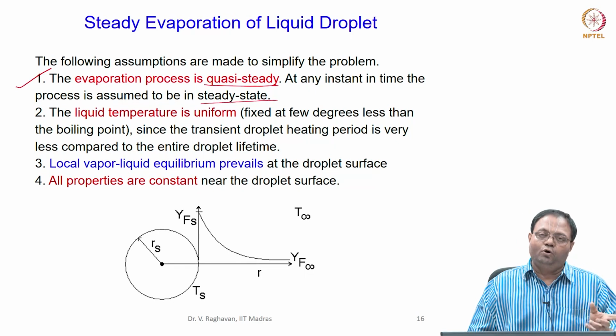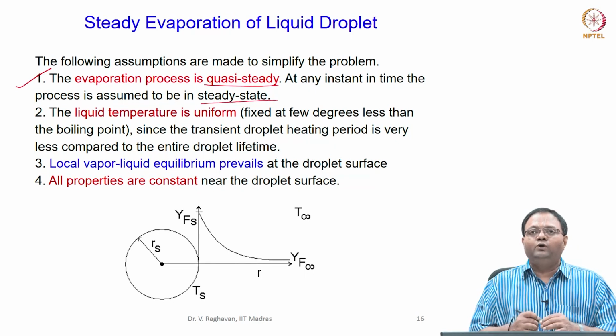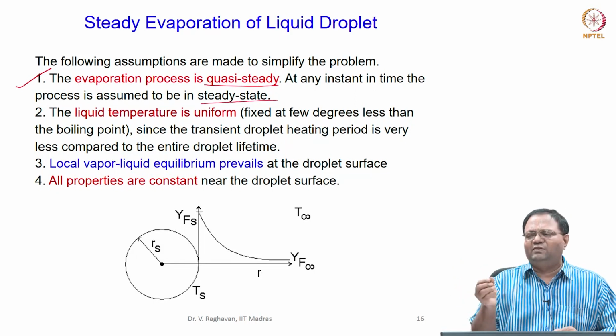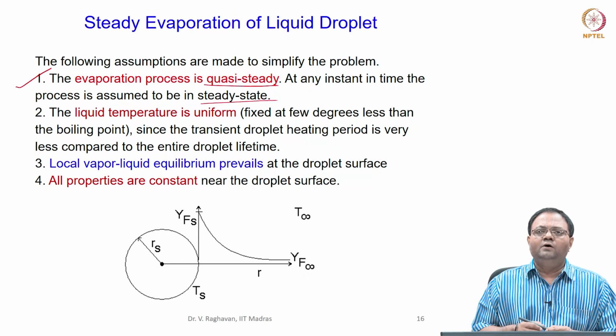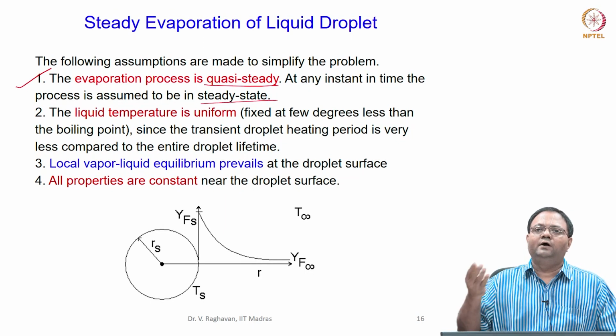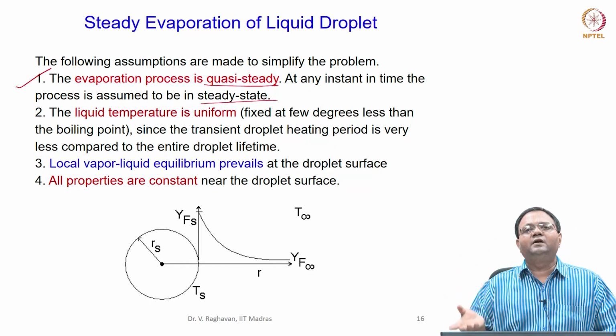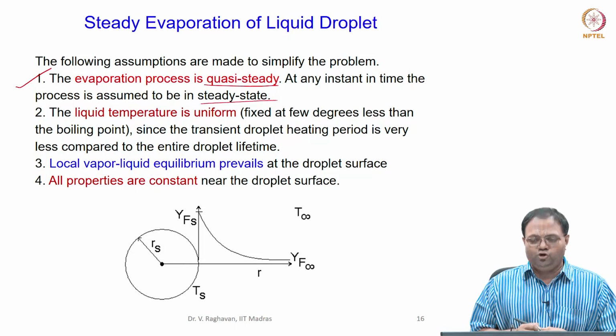As I told before, the heat flow from the interface to the liquid part is initially predominant, but after a very small time period, that becomes very minimal, and whatever heat comes from the gas phase to the interface predominantly supplies the latent heat of vaporization.